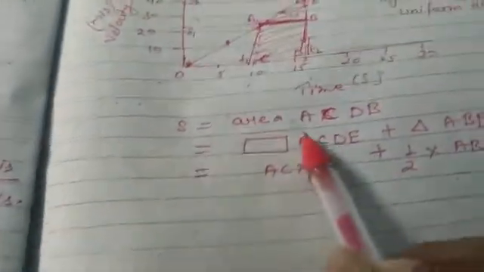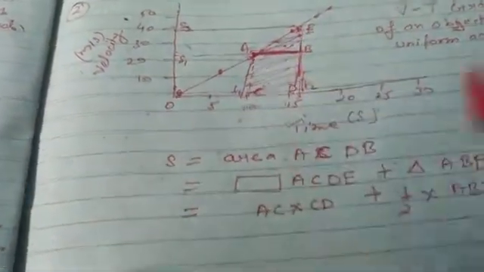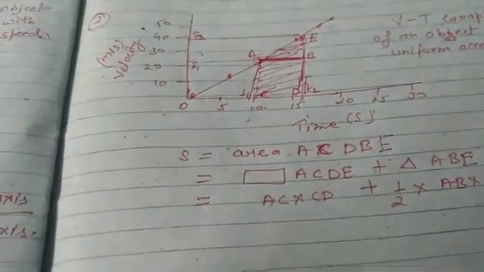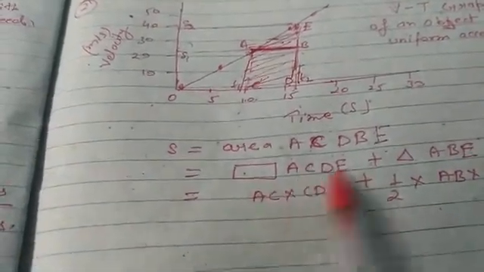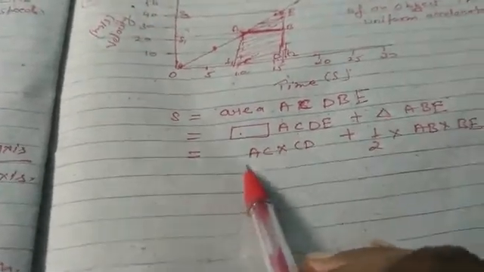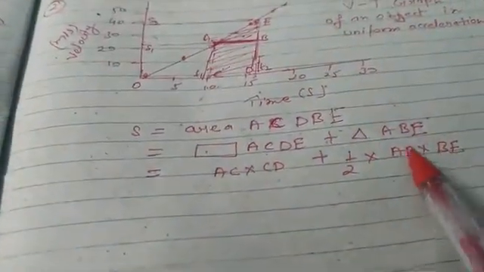So area of ACBD equals area of rectangle plus area of triangle. Area of rectangle is length into breadth, that is AC into BD, plus area of triangle is 1/2 base into height. Now come to the third graph.